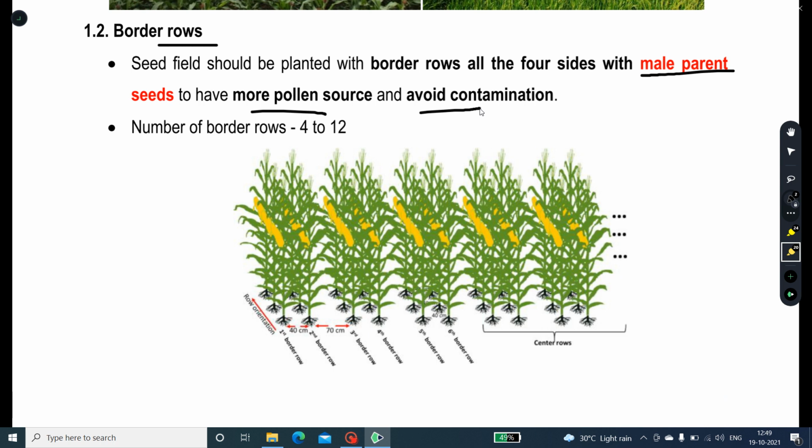The number of border rows may be from 4 to 12 depending upon the crop. Here we can see the first border row, the second, the third, and the fourth. It may vary from crop to crop. In case of maize, 6 border rows are followed.